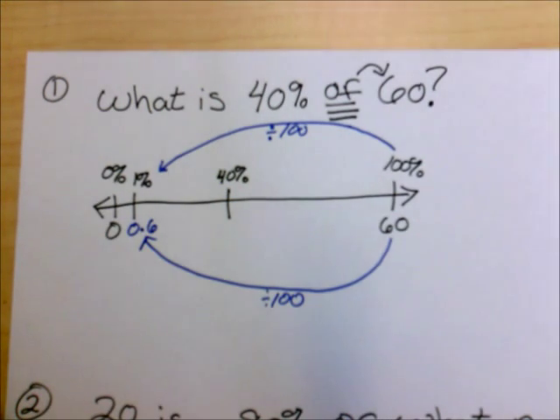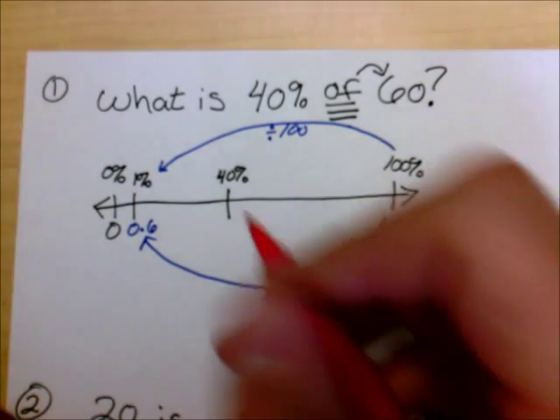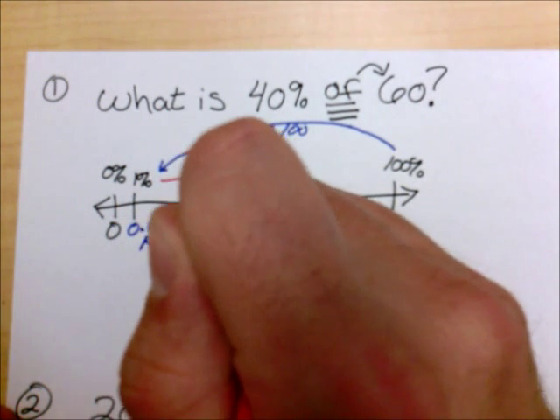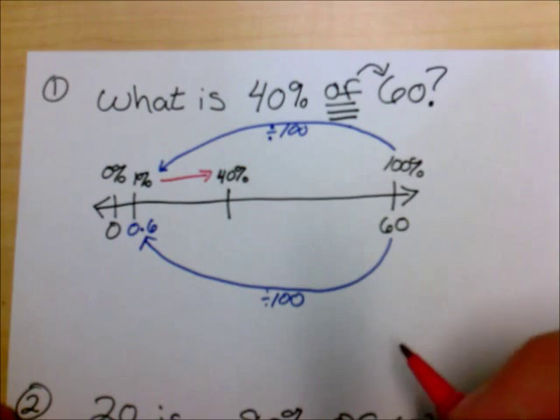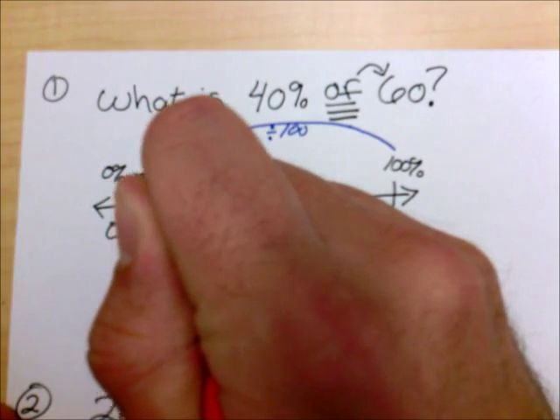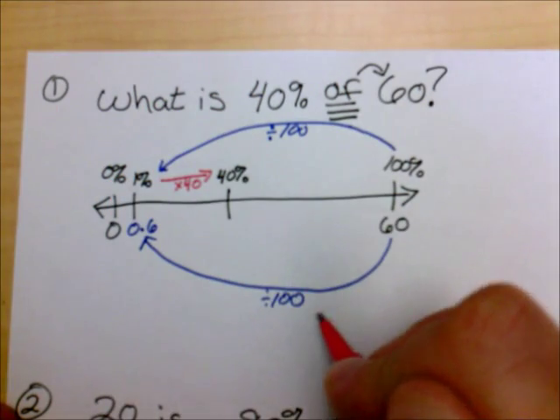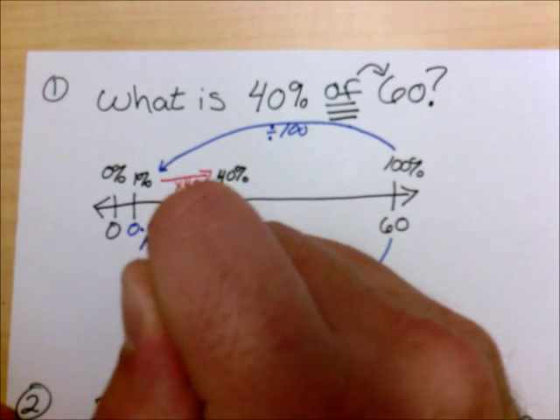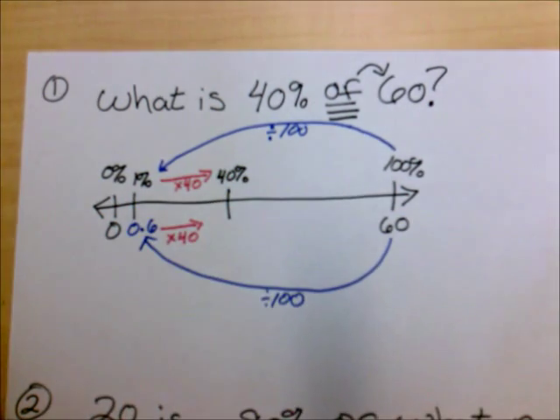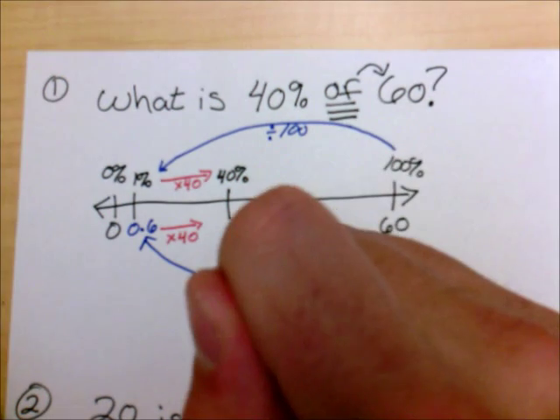Now I need to answer my question. It says, what is 40%? So I'm going to go from 1 back up to 40. Well again, how do I get from 1 to 40? I multiply by 40. What I do on the top, I have to do on the bottom. And I do 0.6 times 40, and I get 24.